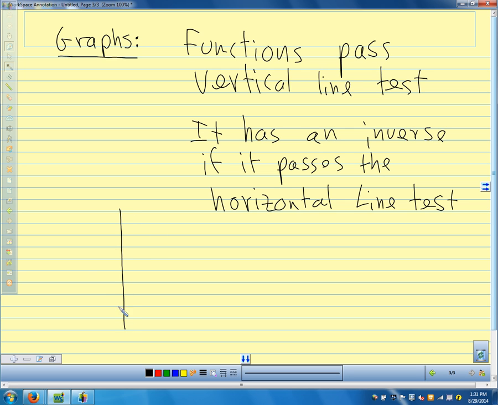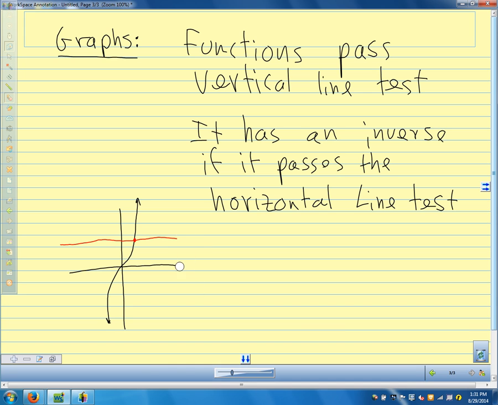So just a couple quick drawings here. This would represent a function because it passes the vertical line test. What that means is a vertical line only touches it in one place at any time. So there's my horizontal line.